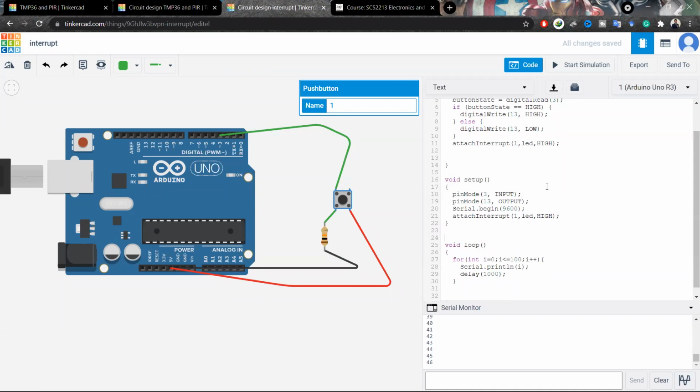So first, my push button. If I press my push button, I should light up an LED, right? So first, it should sense the reading from pin number 3, right? In that case, we should specify pin number 3 as input. Then I should write some high voltage to pin number 13, right?